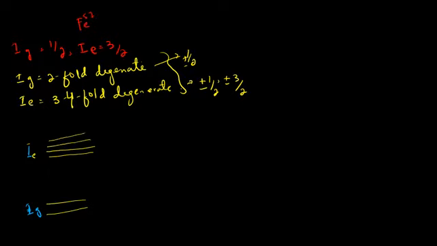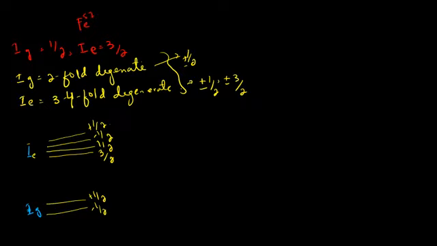These are minus 1 by 2 and plus 1 by 2, and these states are 3 by 2, 1 by 2, minus 1 by 2 and plus 1 by 2.